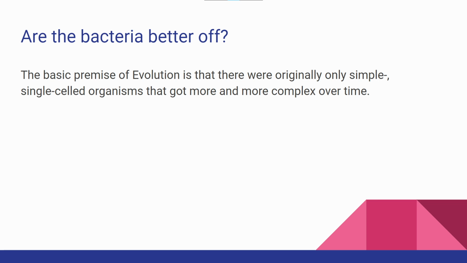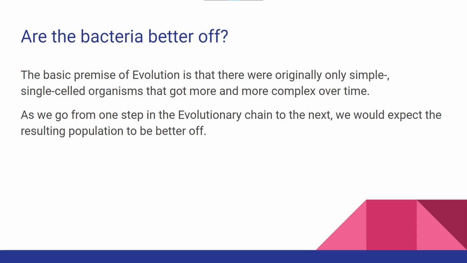And with each step along the evolutionary chain, we would expect the resulting next generation to be better off, on average. Of course, there's going to be some variability, but if you're going to get from simple single-celled organisms to the peak of genetic evolution as we have today, on average, you would have to get better and better and better genetics. Okay? That's the only way that they could have enough of an upward trend of genetics to pull off macroevolution.